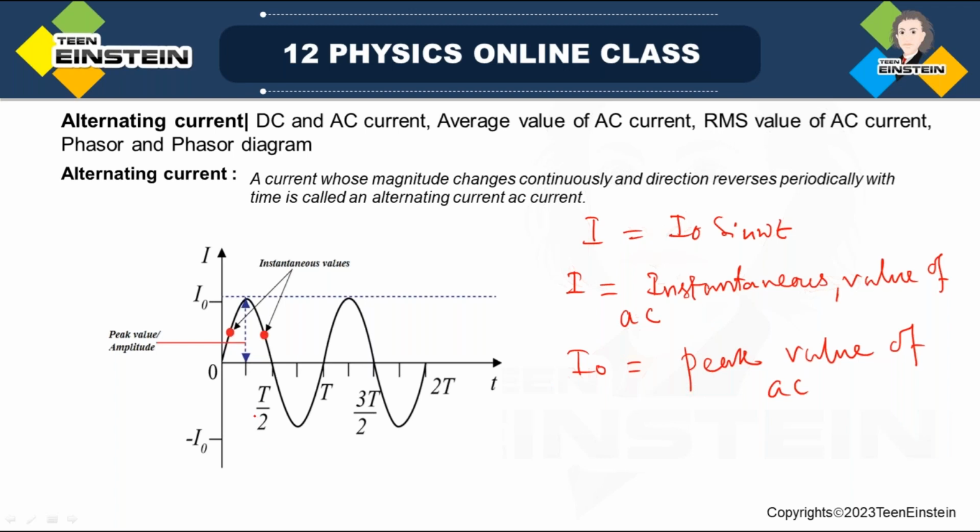Okay, so what about this omega? Omega is angular frequency, as you know. Omega is 2 pi f, where f is linear frequency or just frequency. This is called angular frequency.